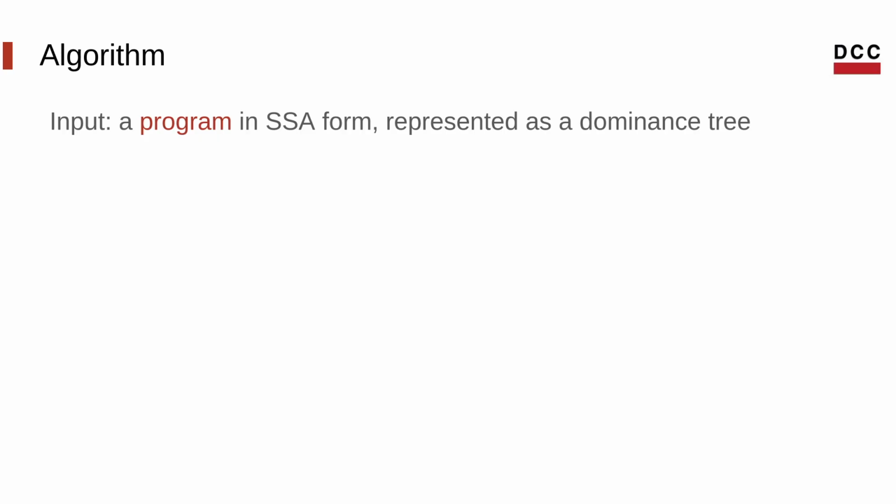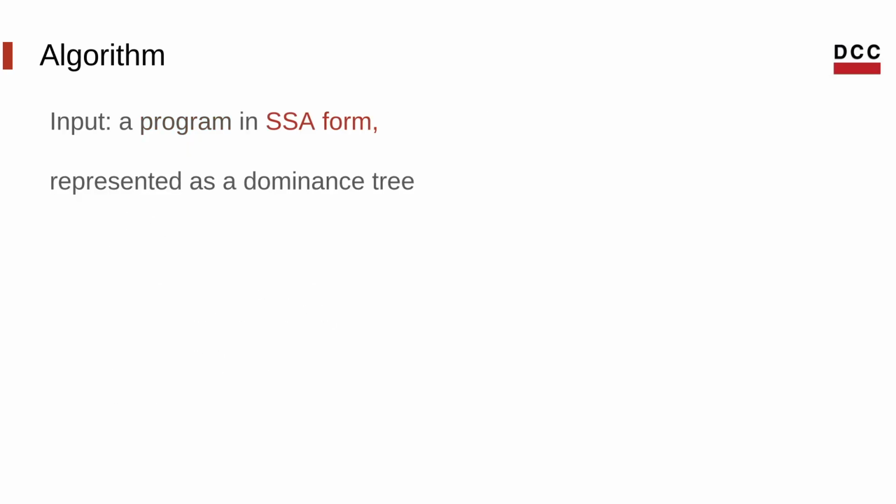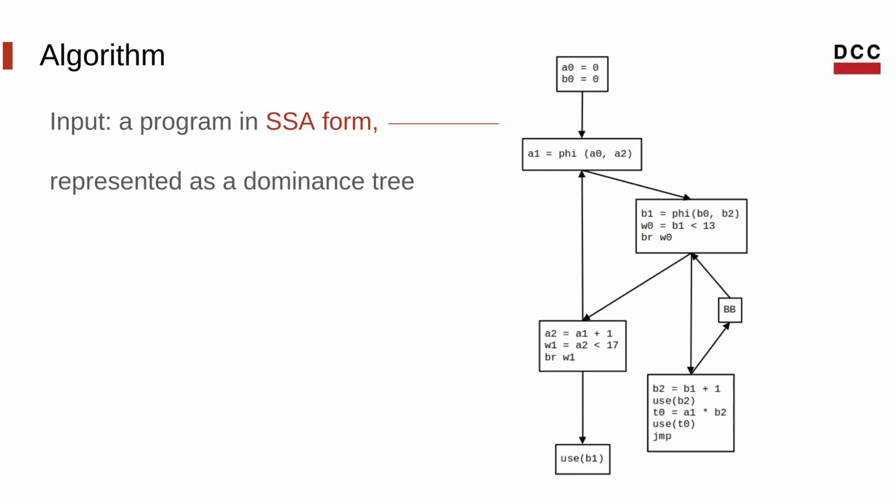We start with a C program and transform it into a CFG in SSA form. This representation ensures the single information property. That is, if the information associated with a variable is invariant along its entire life range, then we can bind this information to the variable itself.